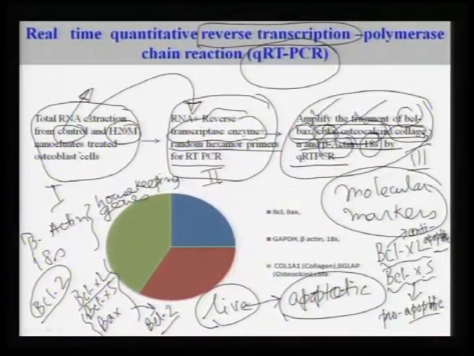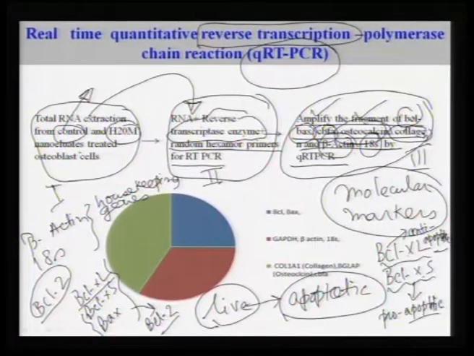Now, therefore, in this first slide, what should be clear to you is that the QRT-PCR process is helpful to identify the molecular markers. Molecular markers means the genes of interest, which are responsible for the apoptosis process.